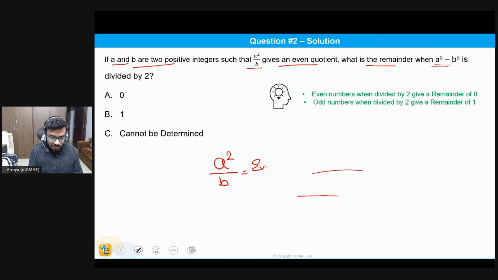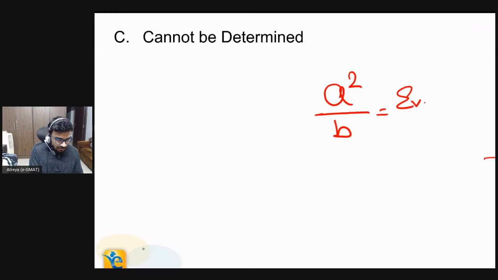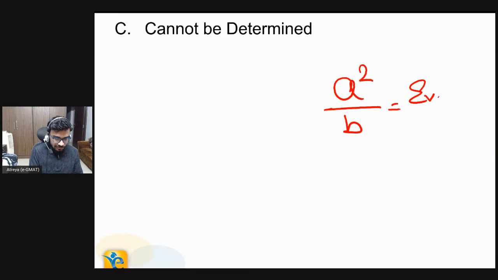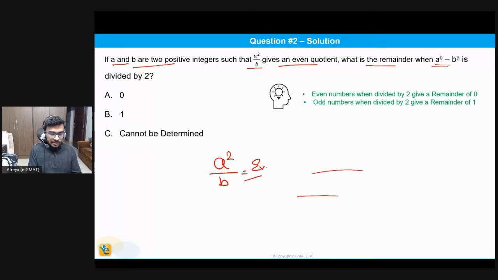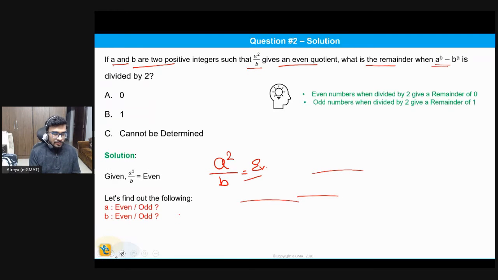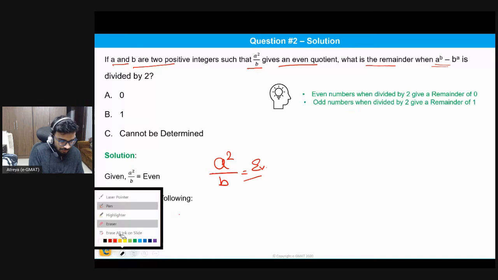All right. So this is given as even. So a squared by b is given as even. We need to find out whether a is even or odd or b is even or odd, and then move on to solving the question. Now, if a squared by b is even, then let me delete this part so that it becomes easier for you to read.